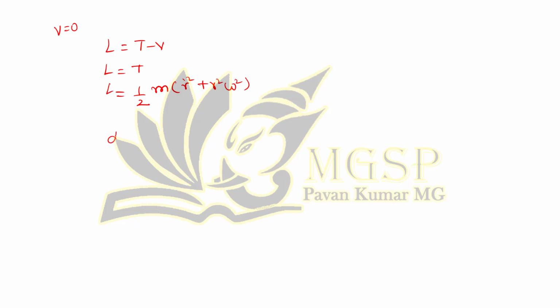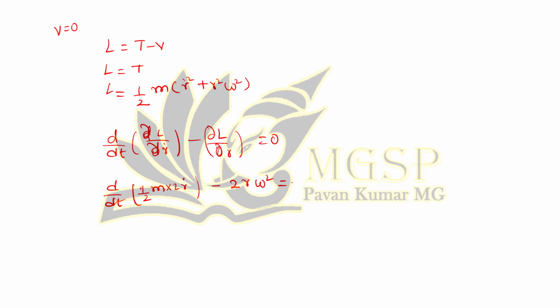Now find the equation of motion. d by dt of dou L by dou r dot minus dou L by dou r is equal to 0. d by dt of dou L by dou r dot will give 1 by 2 m into 2 r dot, and dou L by dou r is equal to 1 by 2 m into 2 r omega square, is equal to 0.